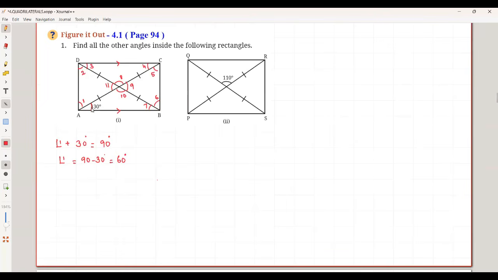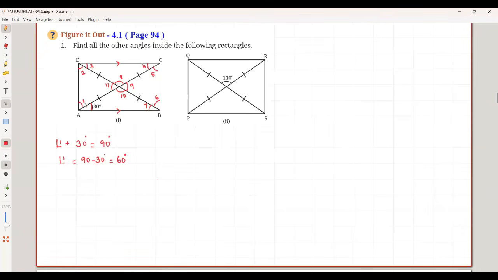In the beginning I explained that a rectangle divides into many triangles. Each triangle forms an isosceles triangle. Why? Because these two sides are equal. In an isosceles triangle, we can say base angles are equal.